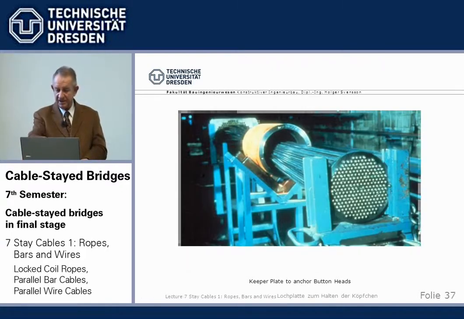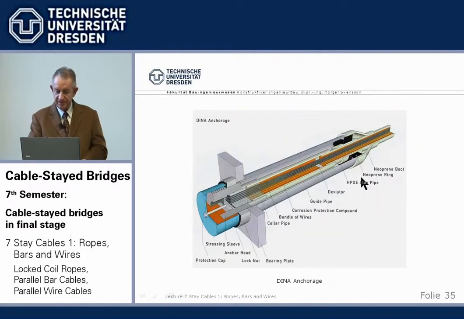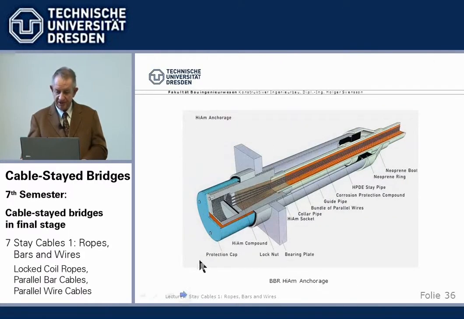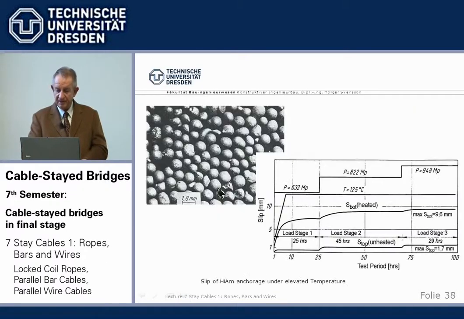That's the basic idea. We see here the anchor sleeve, the wires, the retainer plate with the button heads. That is this situation here at the end. They are first installed, and then they are filled with these steel balls, about 1.8 to 1.5 millimeters.